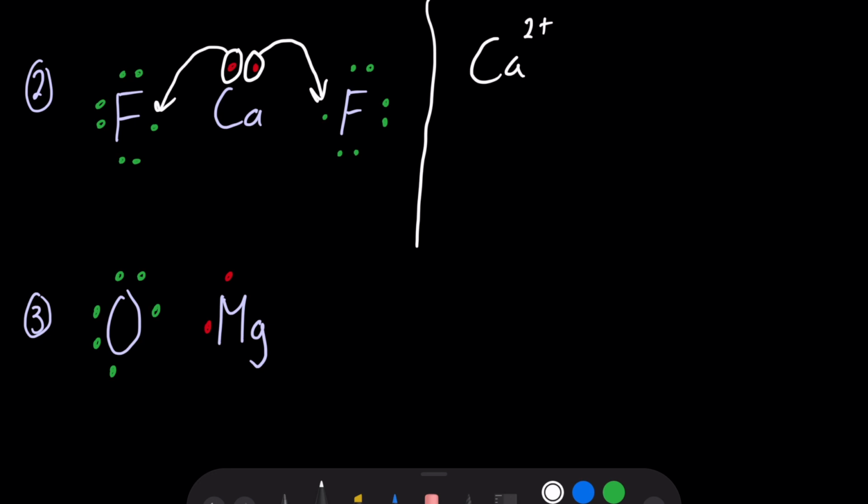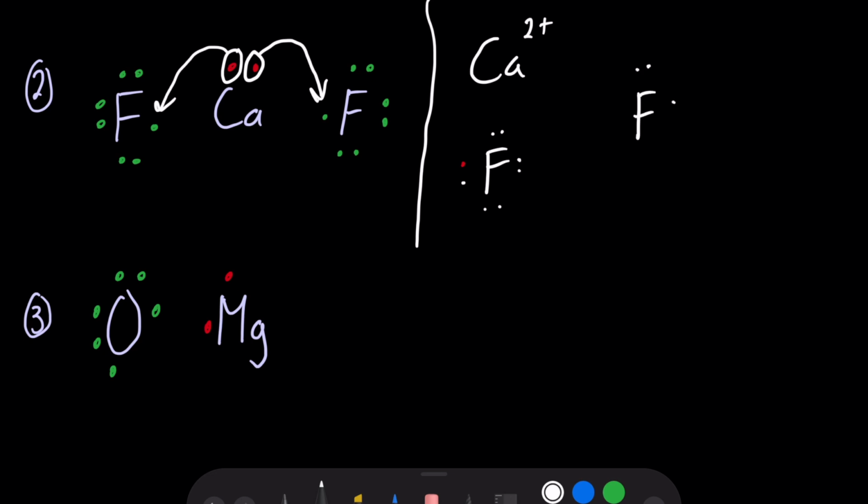And we have 2 fluorine atoms that each gained 1 electron. So now those will be fluoride anions. Right? So we have 1 fluoride, and I'll draw all its valence electrons. And again, this 1 it gained from calcium, and I'll draw our other fluorine, or fluoride, sorry.